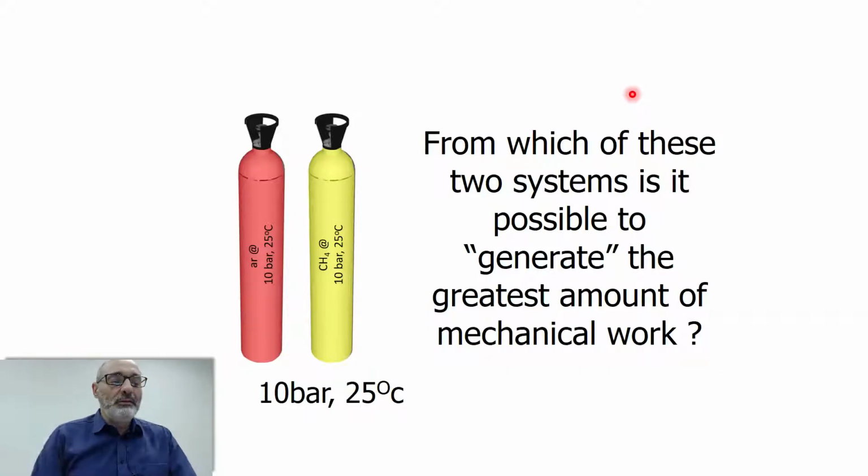Okay, so now our environment is at 25 degrees, and at 10 bar. So the same question applies. From which of these two systems is it possible to generate the greatest amount of mechanical work? Air at 10 bar, 25 degrees, or methane at 10 bar, 25 degrees?